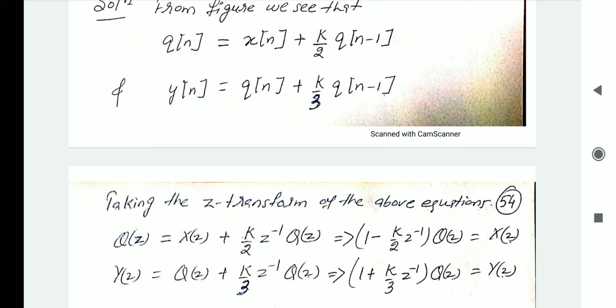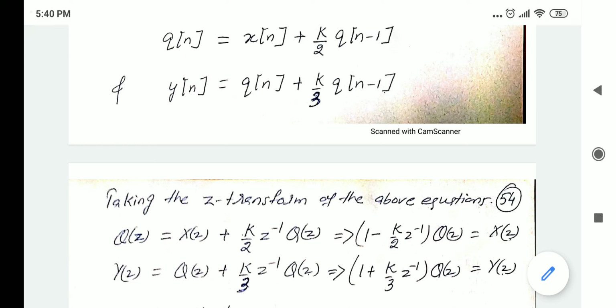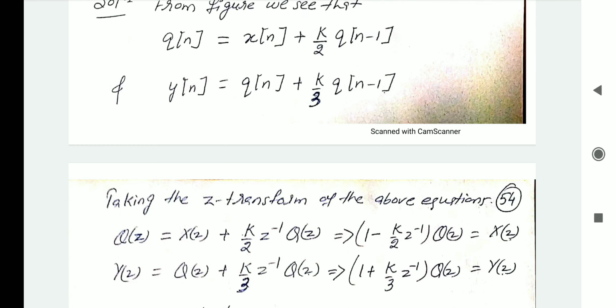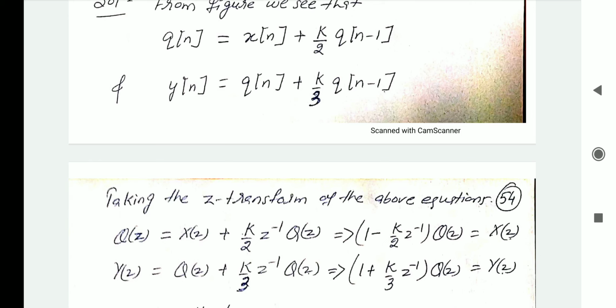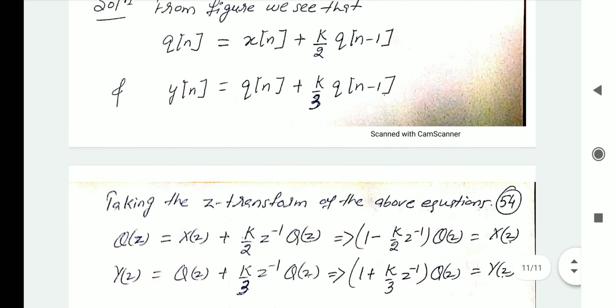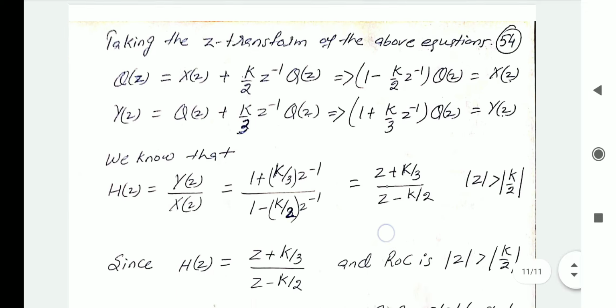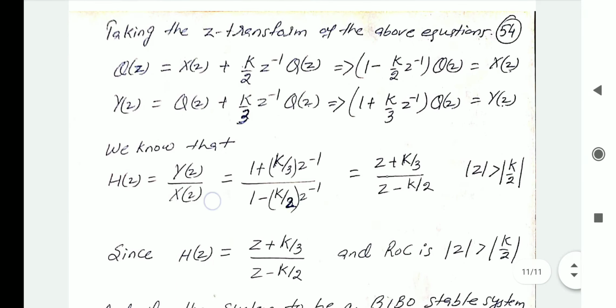Similarly, for the second equation, we can write y(n) as Y(z), q(n) as Q(z), and k/3 z to the power minus 1 Q(z) for q(n-1). Now this can be written as 1 plus k/3 z to the power minus 1 into Q(z) equals Y(z). We already know that H(z) is Y(z) by X(z).